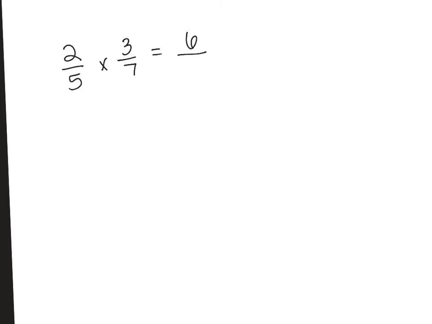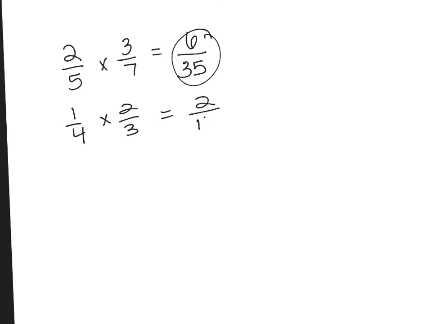So we've got 6 over 35. And we're good. We could also do 1/4 times 2/3, and then we end up with 2/12, and we do want to simplify. So we can simplify that by dividing the top by 2 and the bottom by 2, and we end up with 1/6.